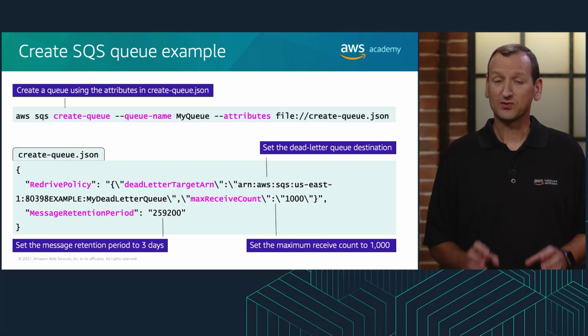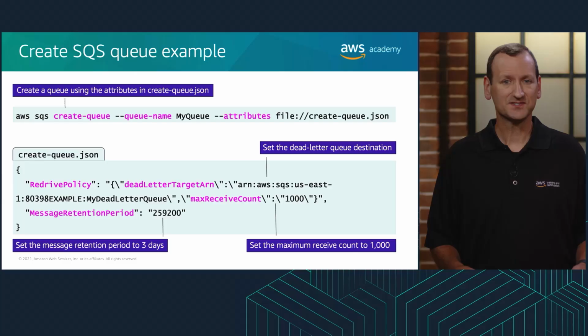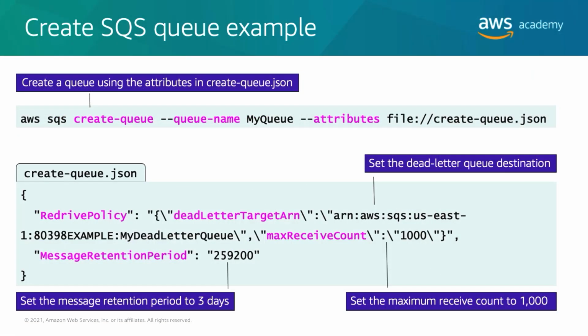This example from the AWS Command Line Interface, or AWS CLI, creates a queue named myQueue with the parameters in the createqueue.json file. This JSON file specifies a redrive policy for failed records. The policy sends failures to a dead letter queue called myDeadLetterQueue after 1,000 attempts, also known as max receive count.